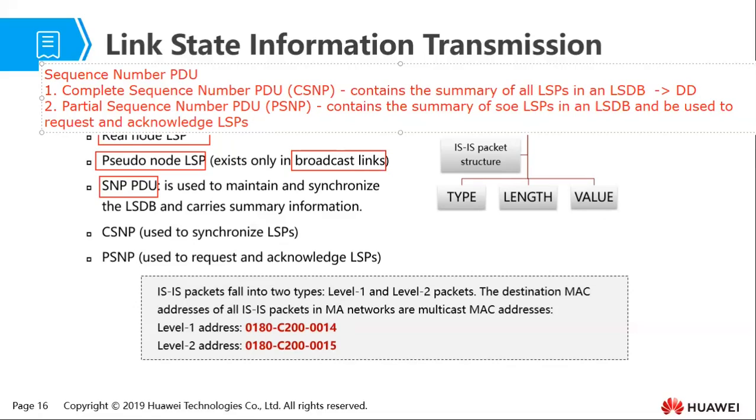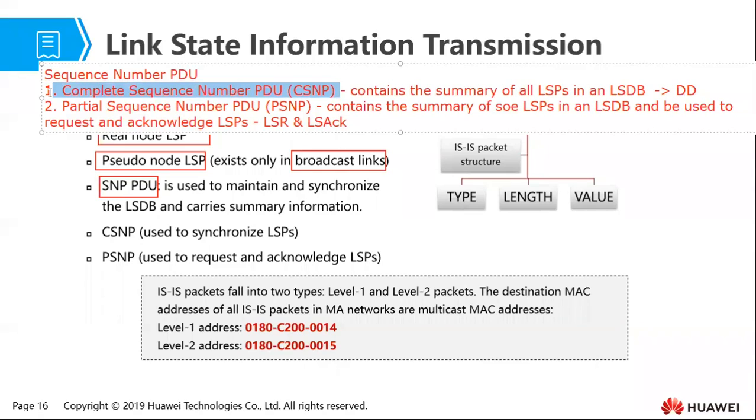On the other hand, a partial sequence number PDU is used in a similar manner as the link state request and link state acknowledgement in OSPF. So initially, routers are going to send out a CSNP, giving a summary of all the locations they know about. So I know about Kitale, I know about Eldoret, I know how to go to Kisumu, I know how to go to Busia, and so on and so forth.